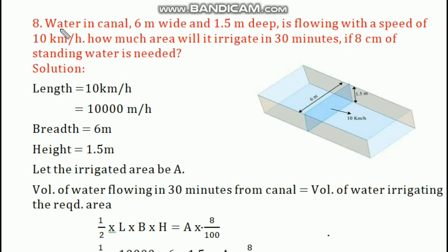Students, let's discuss exercise 13.3, eighth sum. Water in a canal 6 meter wide and 1.5 meter deep is flowing with a speed of 10 km per hour. How much area will it irrigate in 30 minutes, if 8 centimeter of standing water is needed?